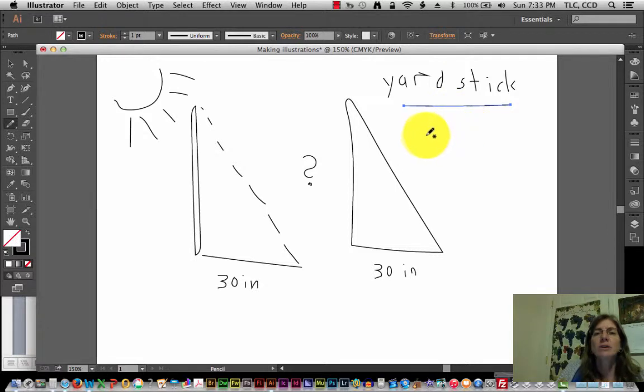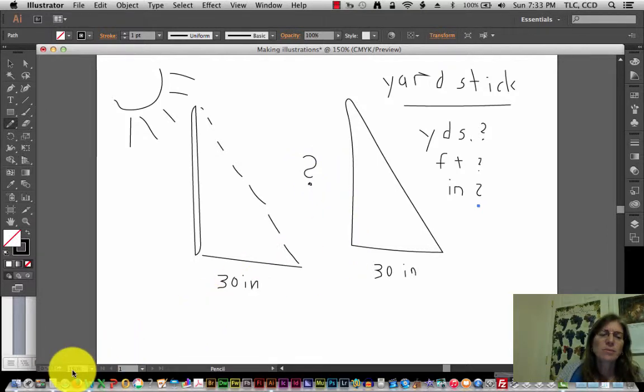It will tell you how many yards a yardstick is, and that's something you're going to have to know, and I'm not going to tell you. How many yards in a yardstick? How many feet are in a yardstick? And how many inches are in a yardstick? That's how you would give a number to the height.